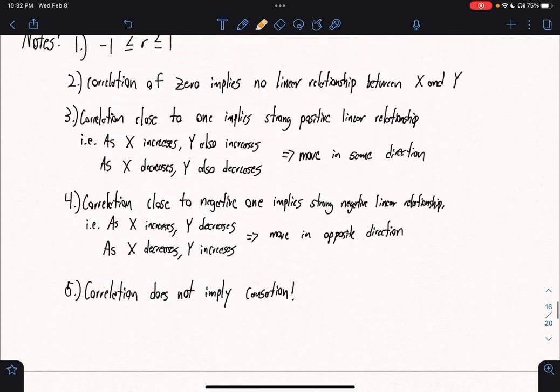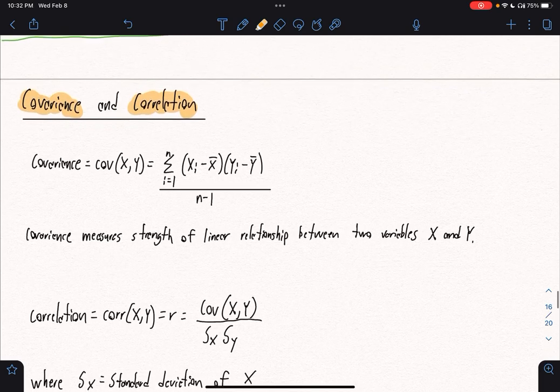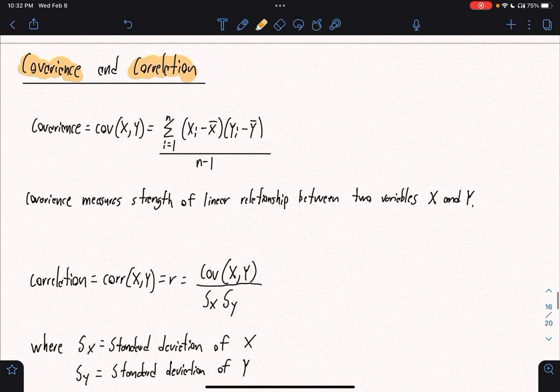So let's deal with some definitions first. Covariance is a measure of how X and Y vary with one another. You can think of covariance as the measure of strength of the linear relationship between X and Y. This formula is similar to the variance formula.